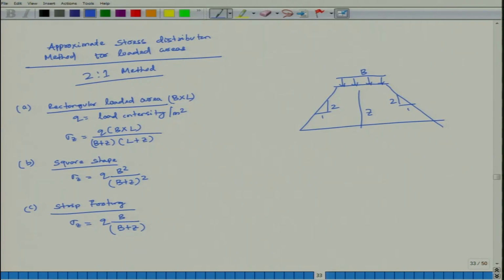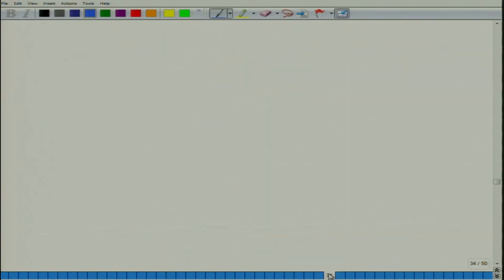Now, based on your approximate method, there are two cases. One is the equivalent point load method. So, what is the equivalent point load method? For example, this is the loaded area.